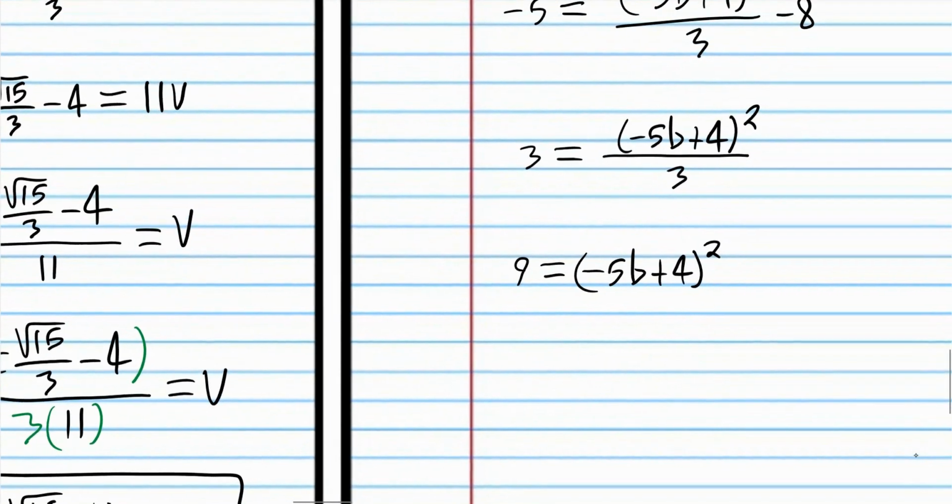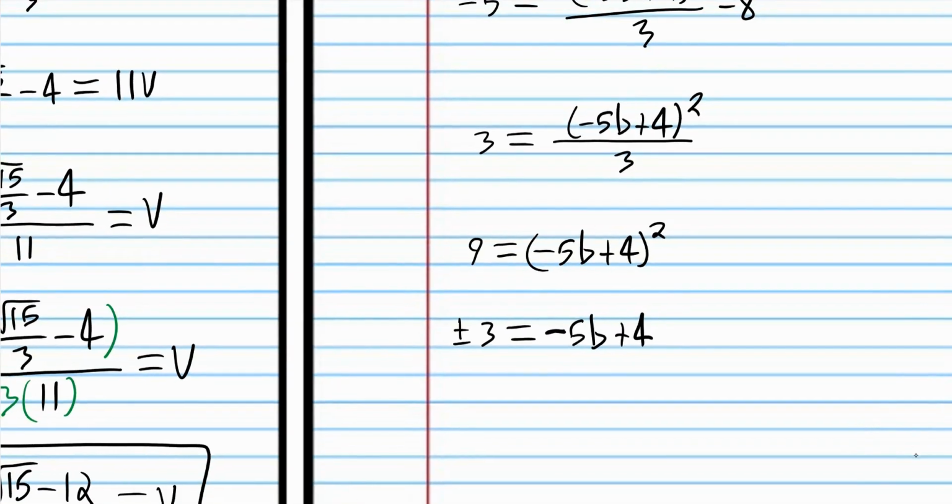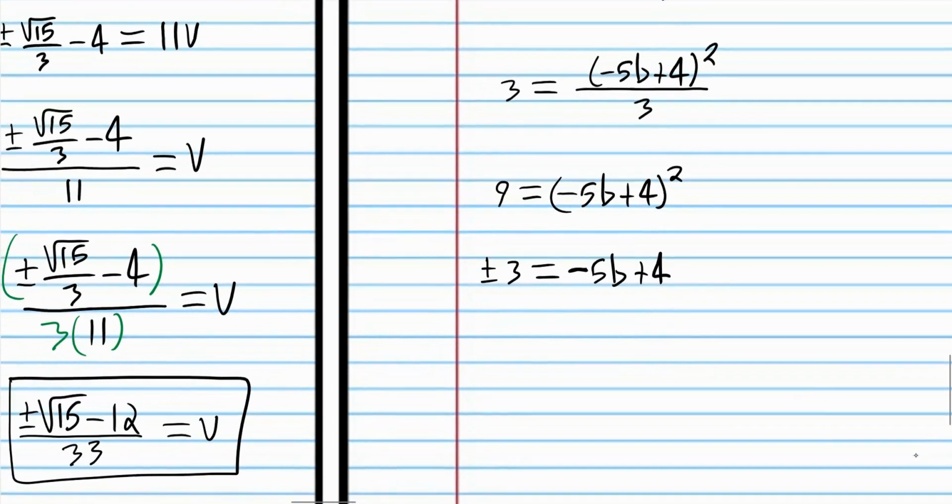And then we're going to square root both sides of the equation. And remember, one of the most common mistakes that students make, and possibly the most common mistake students make, is they forget to write a plus or minus symbol when we square root both sides of an equation.